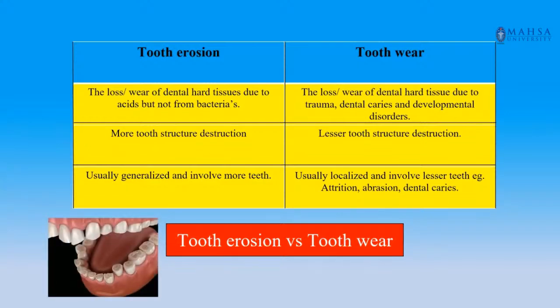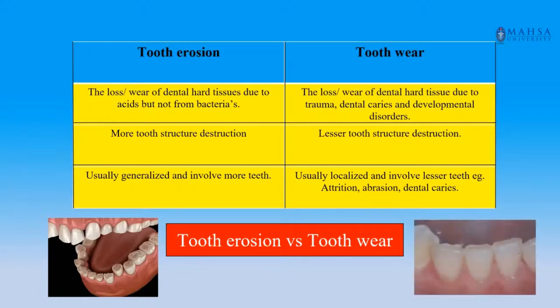In tooth wear, there is also loss of dental hard tissues in the teeth, but the wear is usually from trauma or acid produced by the bacteria, and it can be seen in this diagram. Next, tooth erosion has more destruction of the tooth when compared to tooth wear, where the destruction of tooth structure is only very minimal.